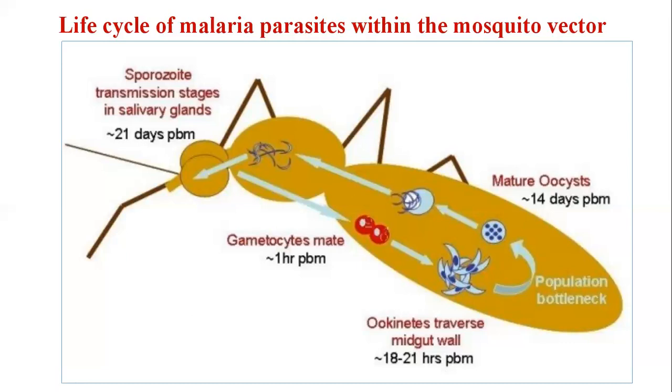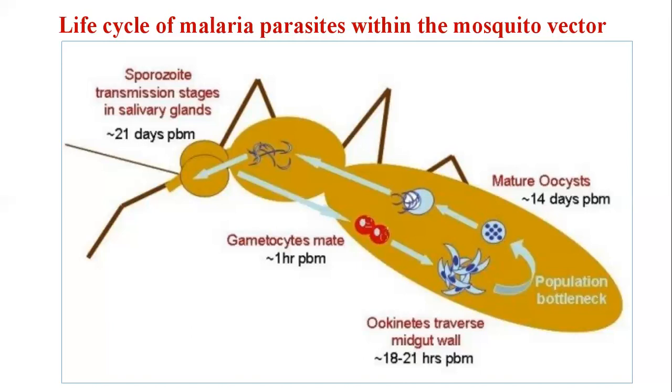And from the oocyst, they come from the interior portion to the exterior portion, from the mid-gut wall to the exterior surface. Now the oocyst will transform into sporozoites again. They develop active sporozoites within the oocyst, and then the oocyst bursts, releasing the sporozoites into the body cavity.